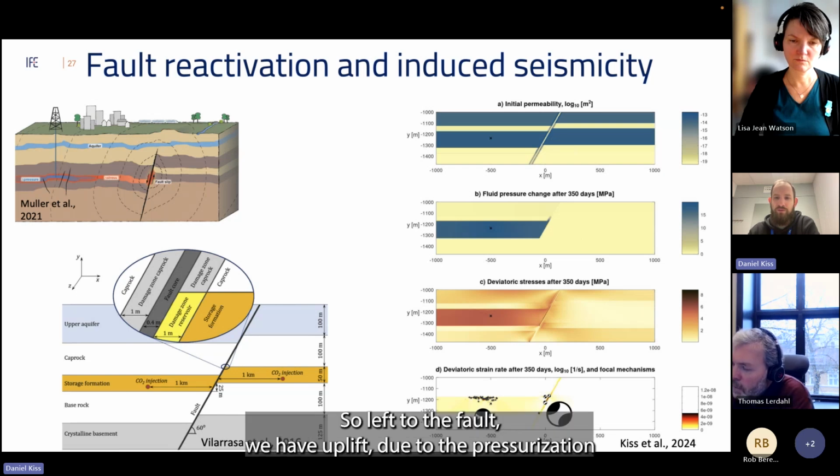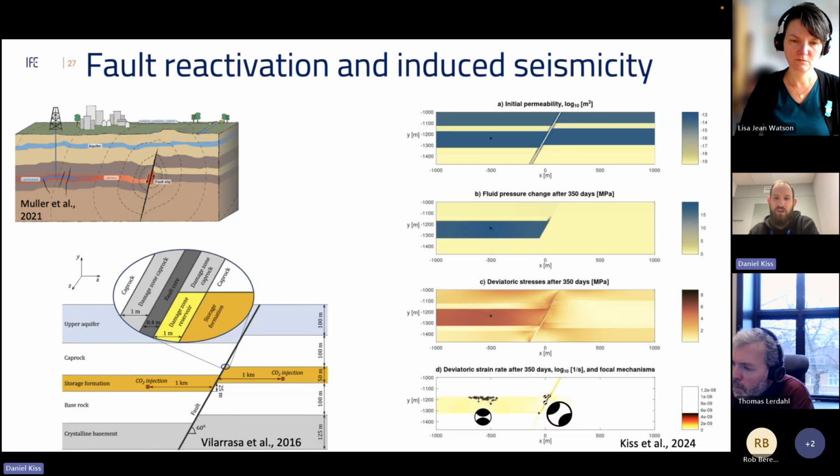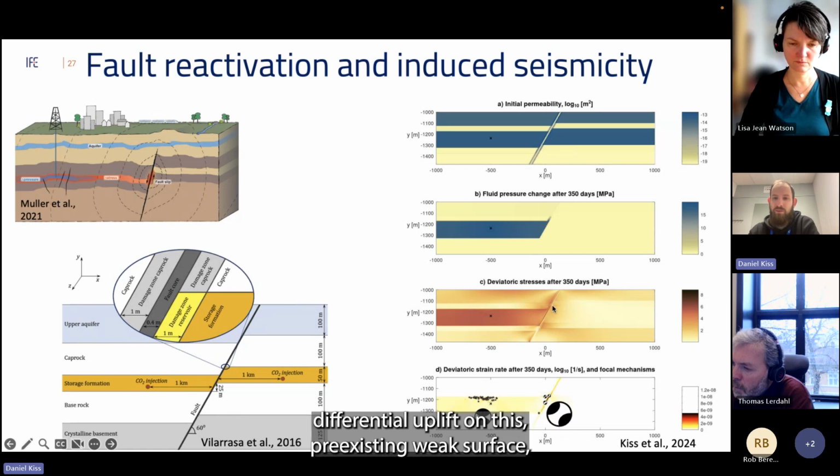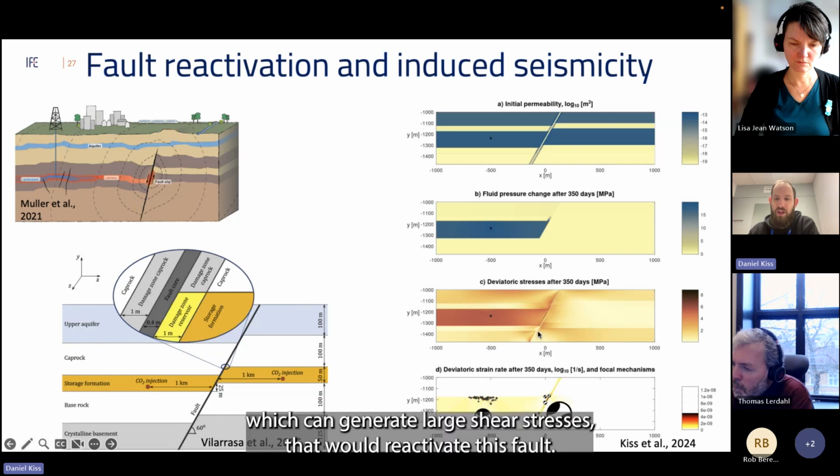So left of the fault, we have uplift due to the pressurization. Right side of the fault, we have no uplift. And because of this, we have differential deformation on this pre-existing weak surface, which can generate large shear stresses that would reactivate this fault.